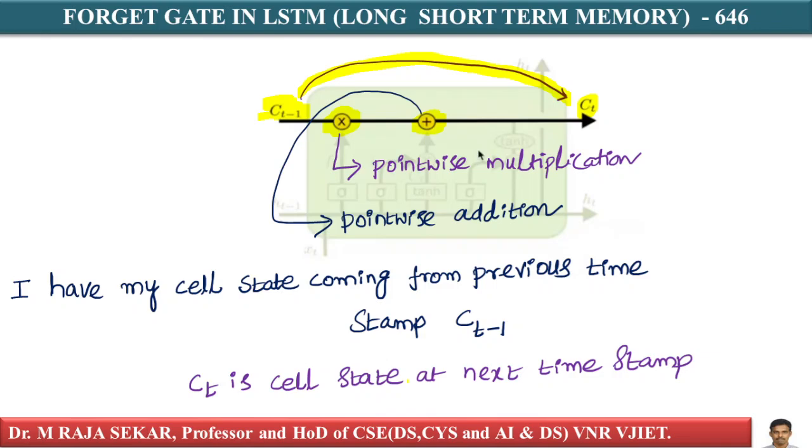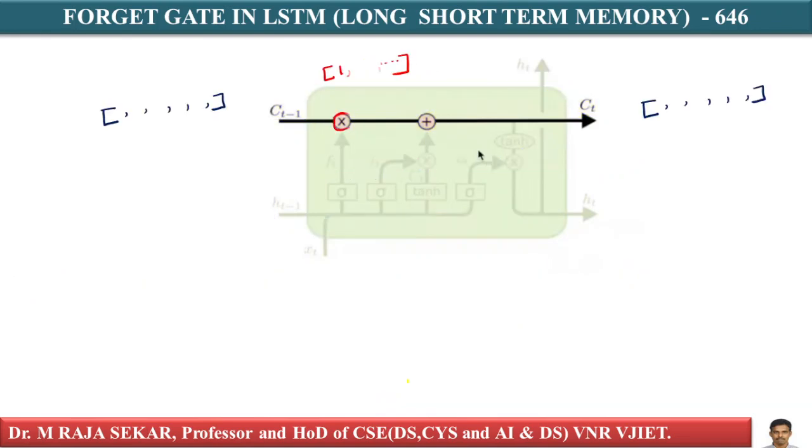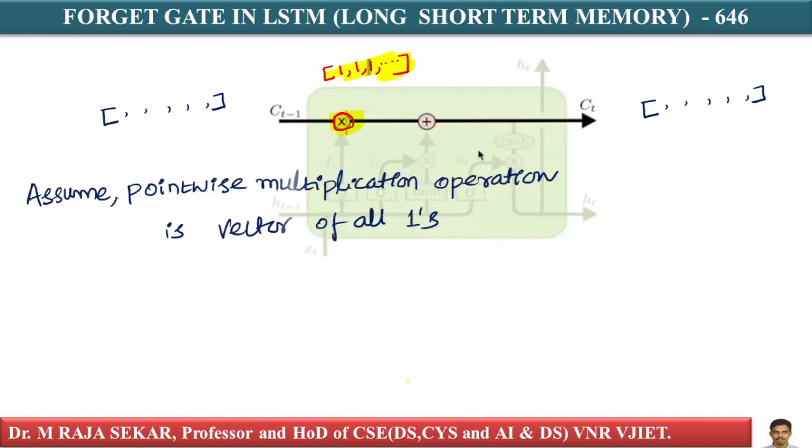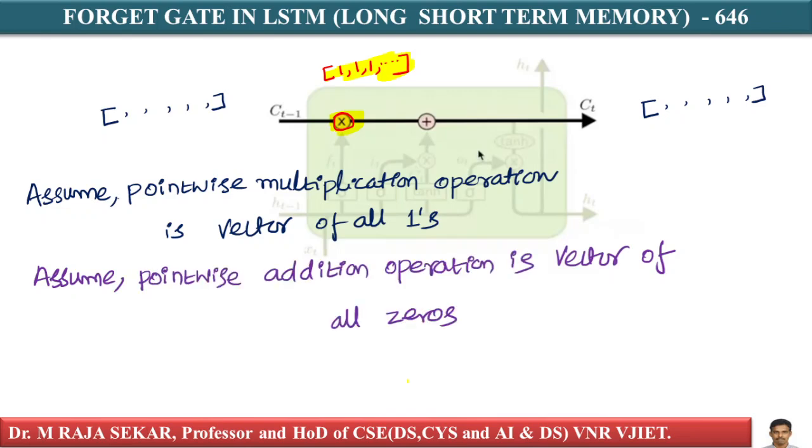Let me assume my pointwise multiplication operation is a vector of all ones, and my pointwise addition operation is a vector of all zeros. Just try to understand this. Then what happens?